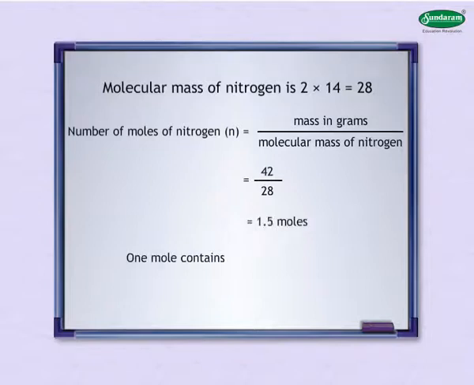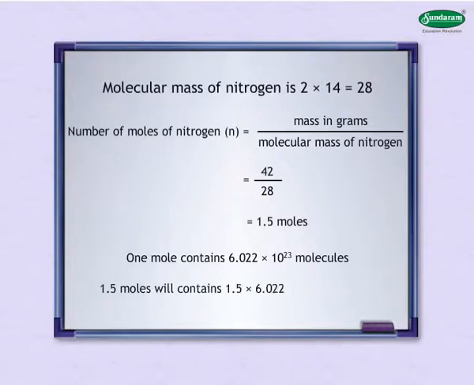1 mole contains 6.022 multiplied by 10 raised to the power of 23 molecules. Therefore, 1.5 moles will contain 1.5 multiplied by 6.022 multiplied by 10 raised to the power of 23 molecules.